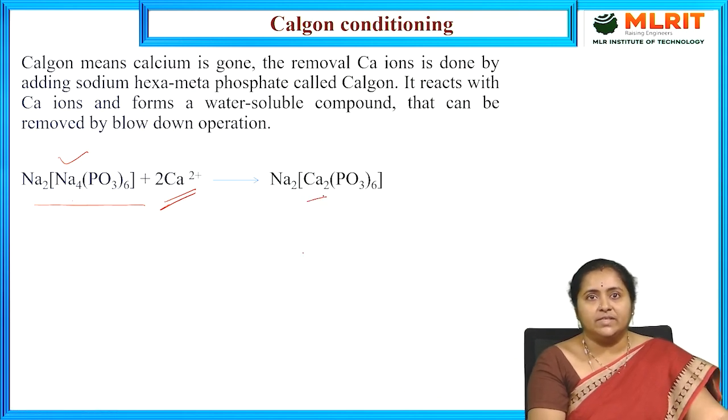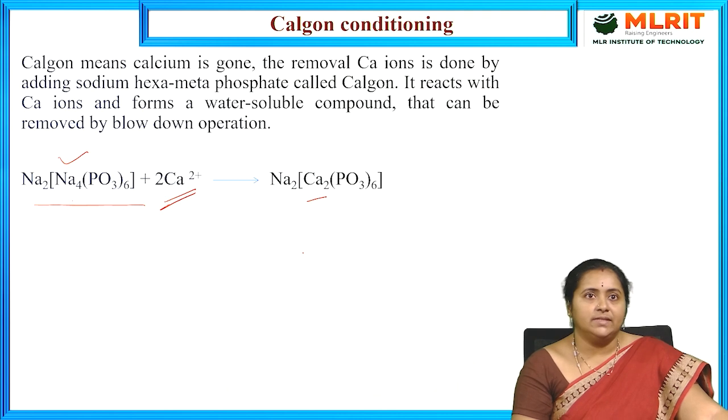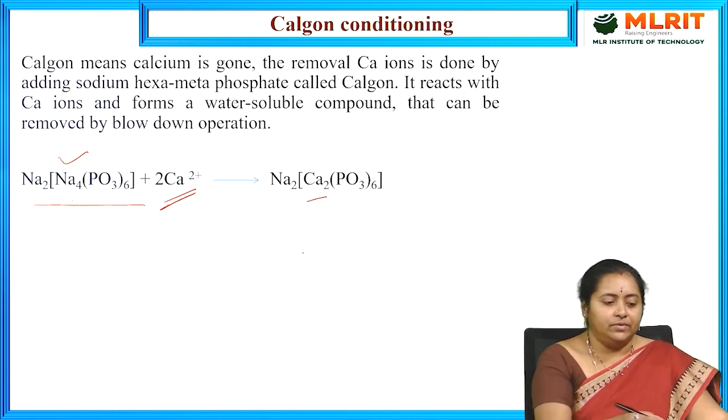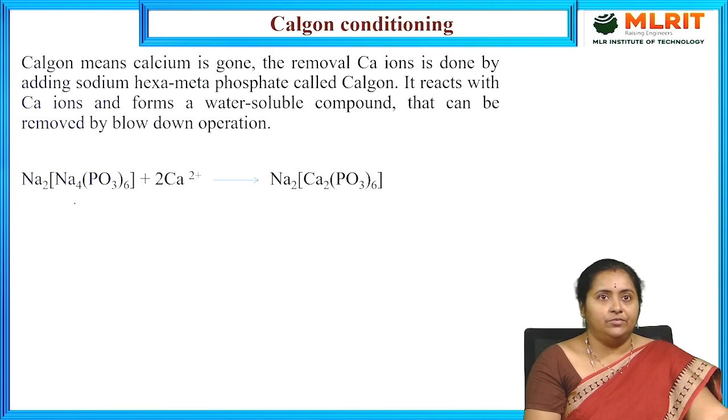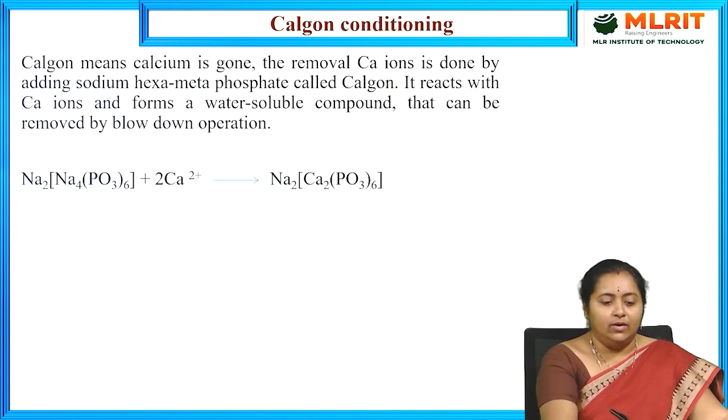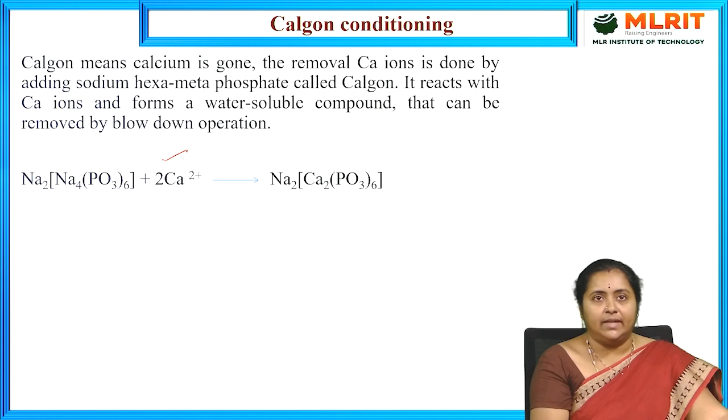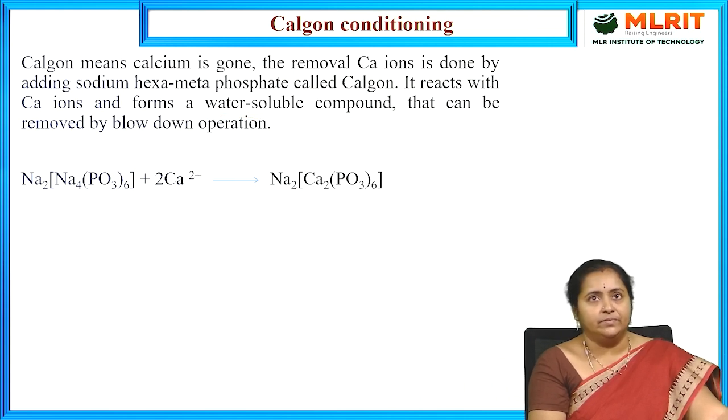That means 2 moles of calcium is able to replace 4 moles of sodium. For convenience of writing this reaction, I have written it like this: Na2, Na4, (PO3)6. On adding to the hard water sample, it is able to combine with calcium ions, thereby converting into a water soluble compound. So this can be easily removed by blow-down operation. So this is about Calgon conditioning.